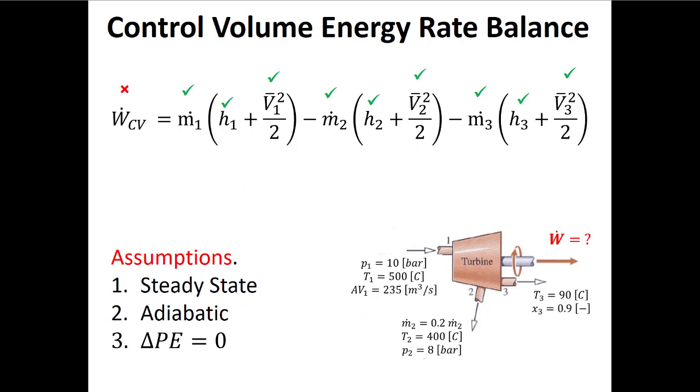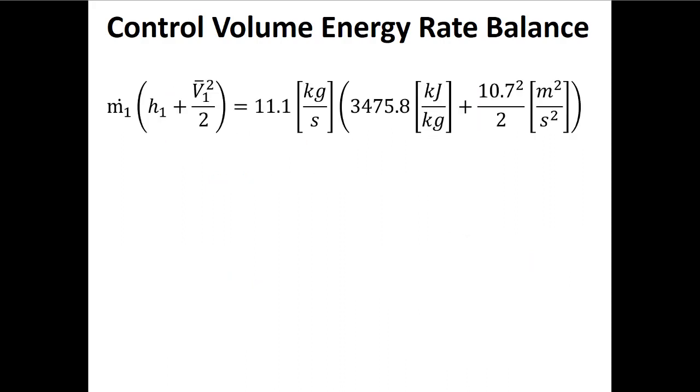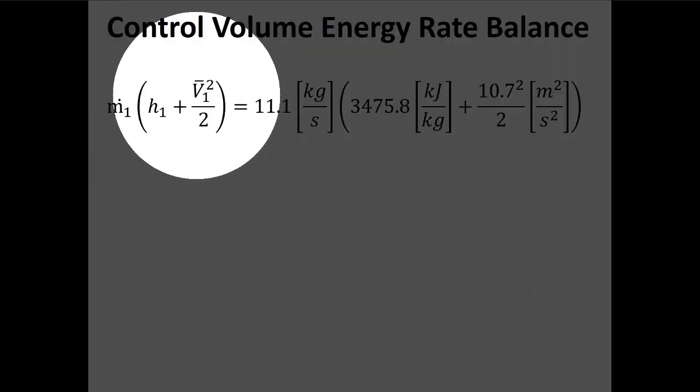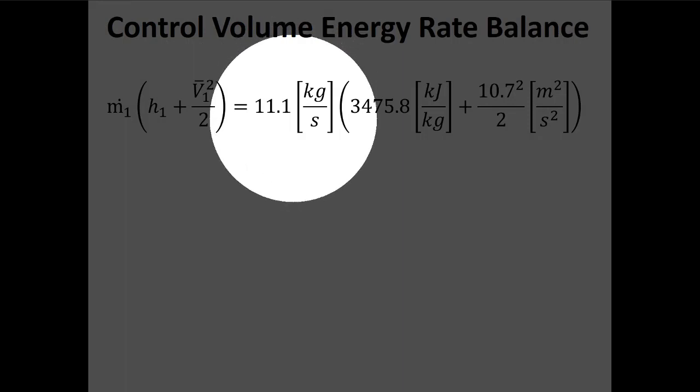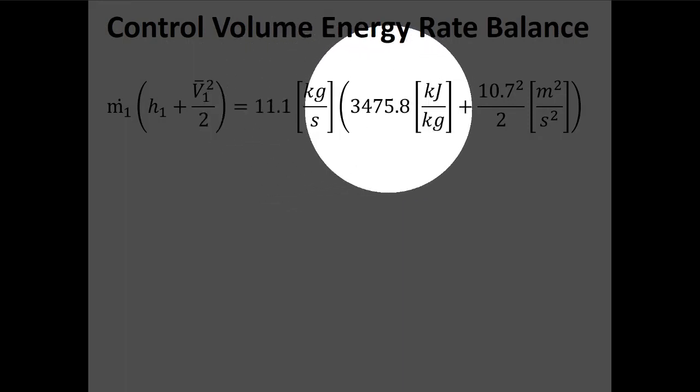So now I go back to the equation that I had from the first law about power generated by the turbine. And I put all this in, right? So I can look at values in each one of these terms. First I'm going to look at the first term. Now I have the mass flow rate at 1 multiplied by h1 plus V1 squared over 2. So I know the mass flow rate. h1 I looked up.